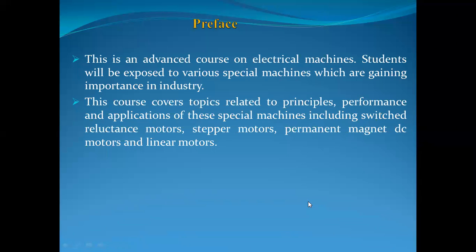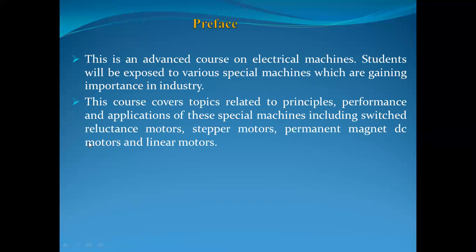If you go to an industry, various special purpose motors or machines are placed there. That is the importance of this subject. This course covers topics related to the principles, performance and applications of these special machines, including switched reluctance motors, stepper motors, permanent magnet DC motors and linear motors.